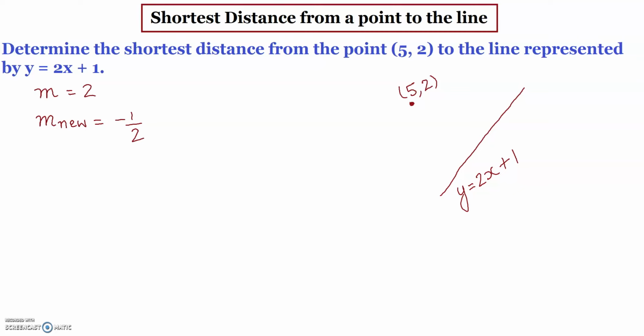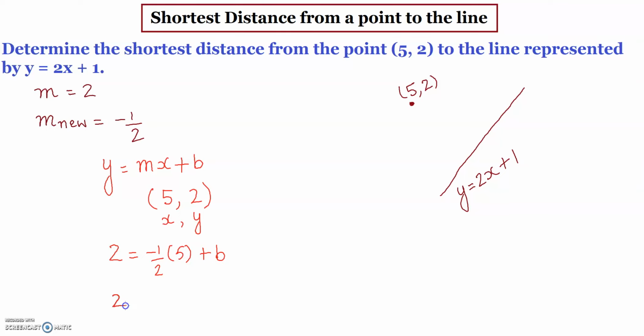So first I will write the equation of a line. I will use the slope, negative 1 over 2, and I have the point (5, 2). That means 5 is x and 2 is y. So I will write here 2 equals negative 1 over 2 times 5 plus b.